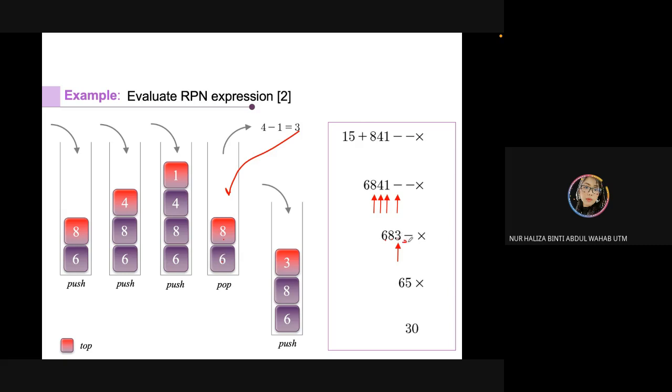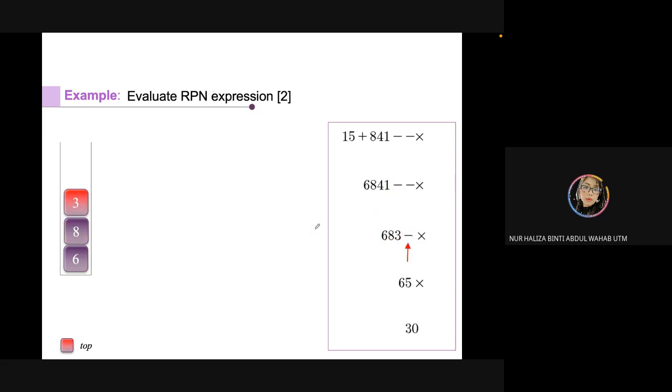And you continue balik sebab tadi kita sampai sini kan. When we continue, we meet again with our operation. So we meet again, so we going to pop 2 value. 8 minus 3. This one. Kita push, popkan, kita akan dapat 5. And we going to push it back into our stack. That's why we get 6 and 5.